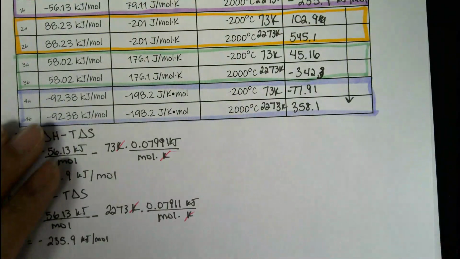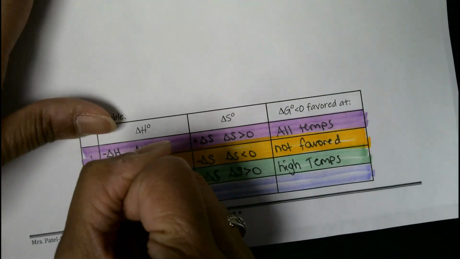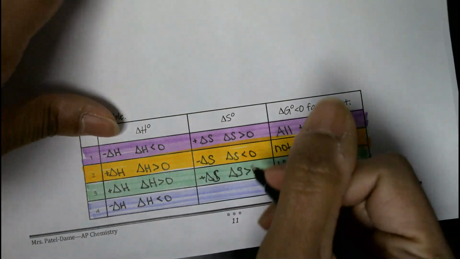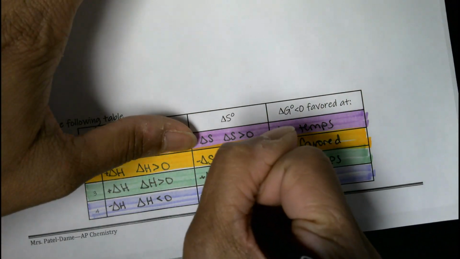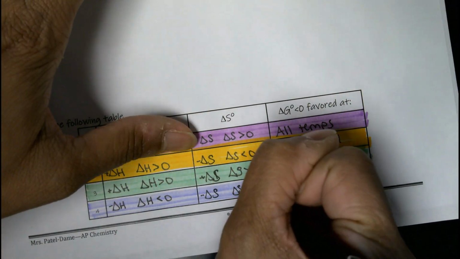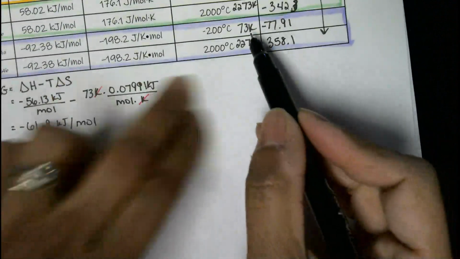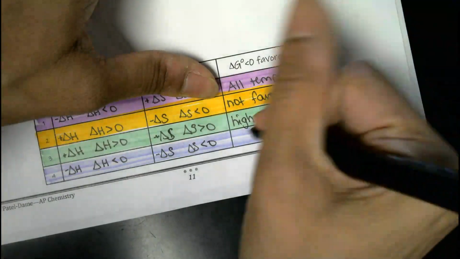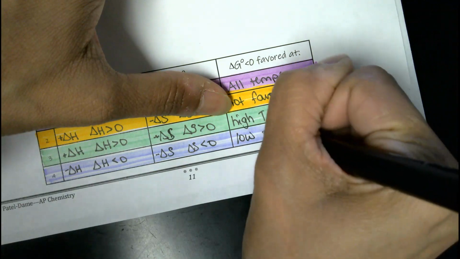So for 4, we have delta H is negative, so I'm going to do a negative delta H down here. So delta H is less than 0. My delta S was also negative. And this looked like it was favored at low temperatures. So delta G is favored at low temps.